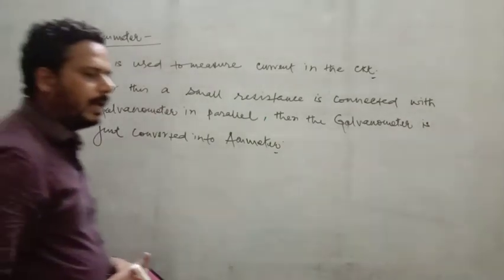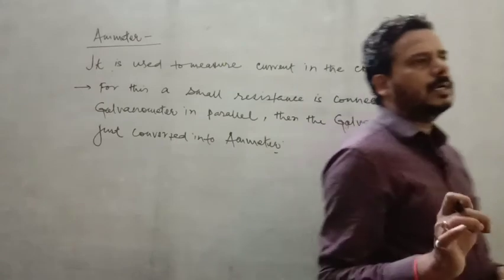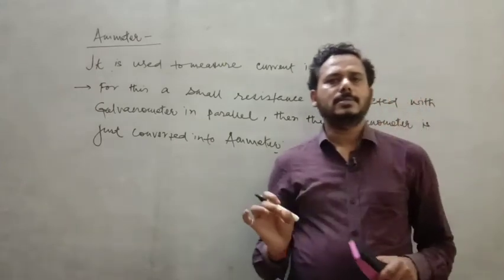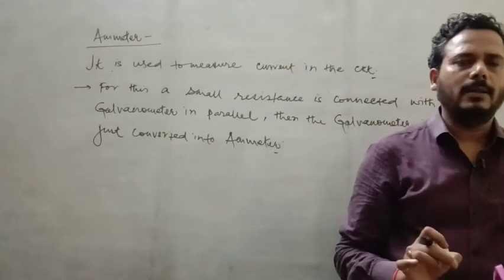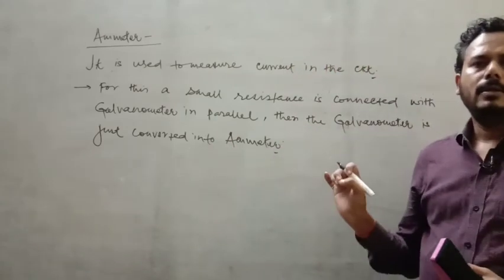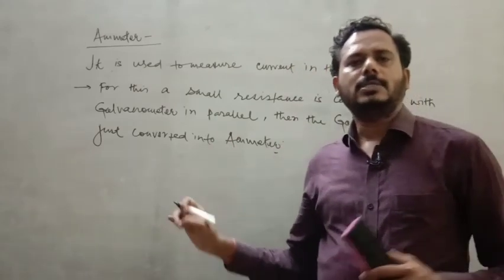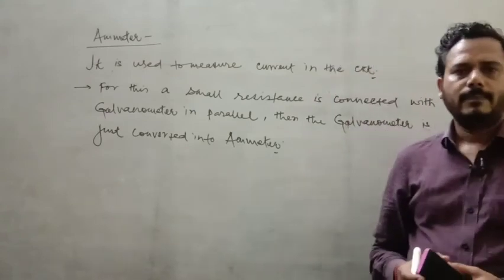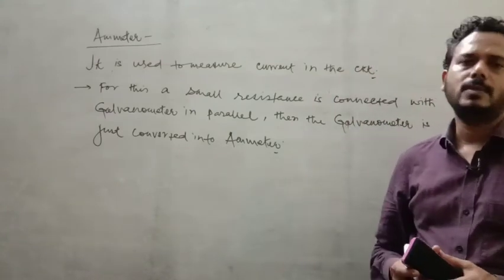That means we have to just connect a small resistance in parallel with the given galvanometer. Then this galvanometer just behaves like an ammeter. This one is the way.